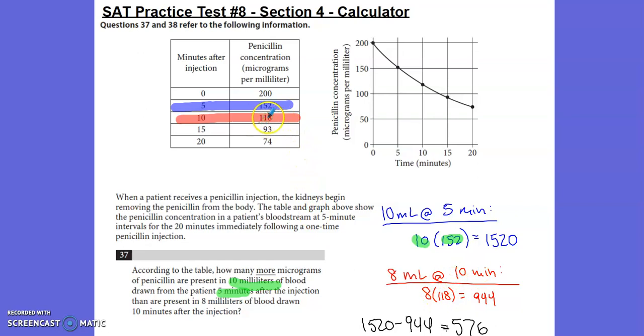The concentration 10 minutes after is 118 micrograms per milliliter. If I multiply that by 8 milliliters, I get 944 micrograms of penicillin in that sample. How much more is present in the first sample than the second sample? Just the difference between the two will get you that answer. So your overall result here should end up being 576.